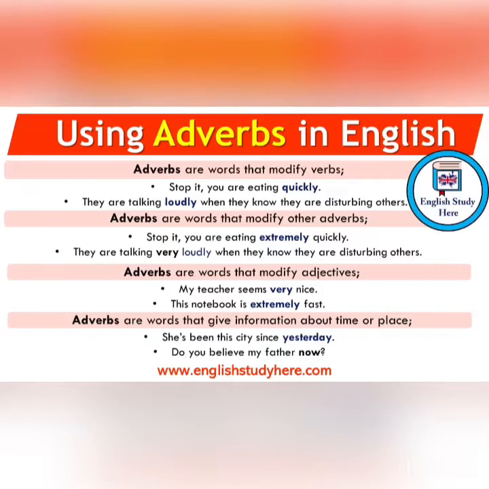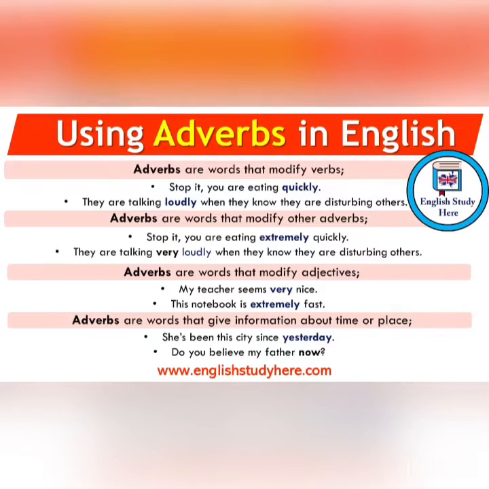Now here, what is the verb? The verb is talking. And loudly is telling how the people are talking. They are talking loudly. So loudly is modifying the verb talking. So here the adverb is loudly.